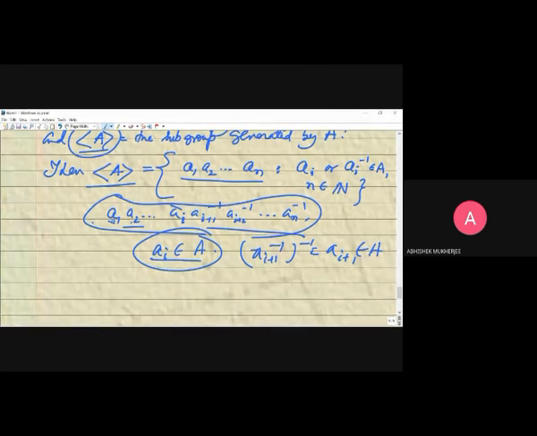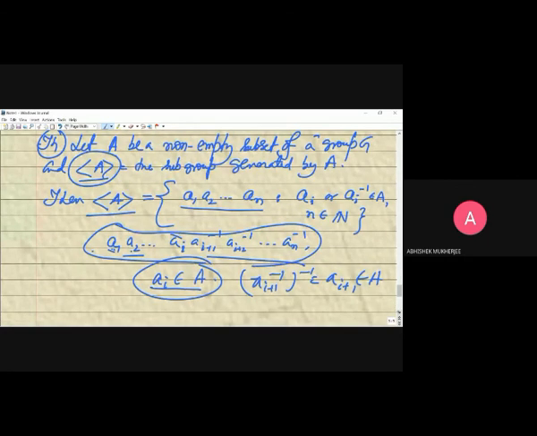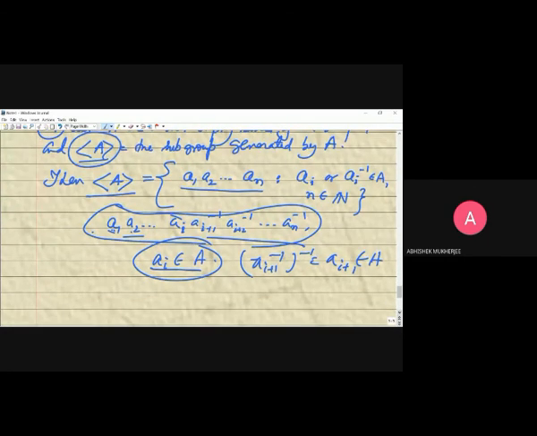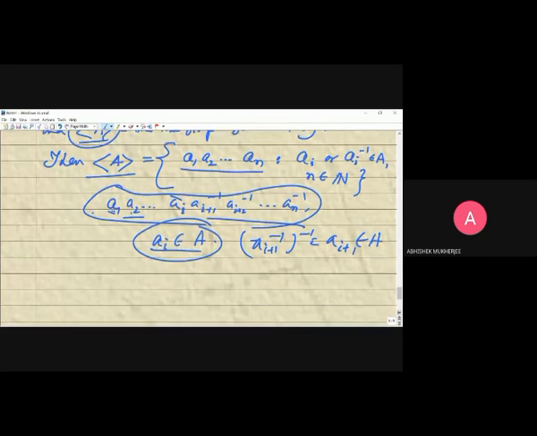So what is the idea of the proof? The proof begins with the definition of a set having this type of elements.